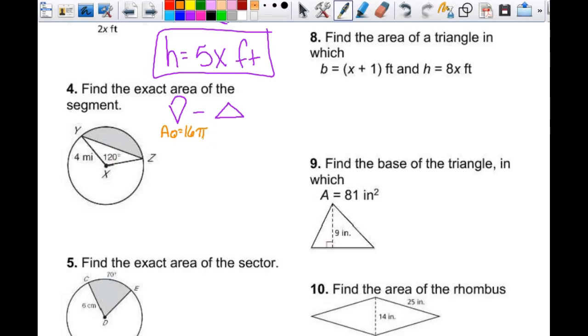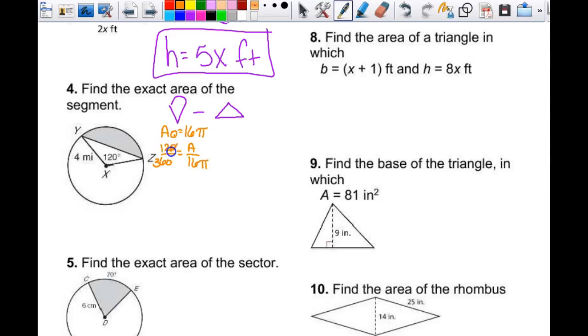Then to find the area of the sector, I have to do the measure of the arc, which is 120, over 360, and that's equal to the area that I'm looking for over the whole area of the circle, which is 16 pi.